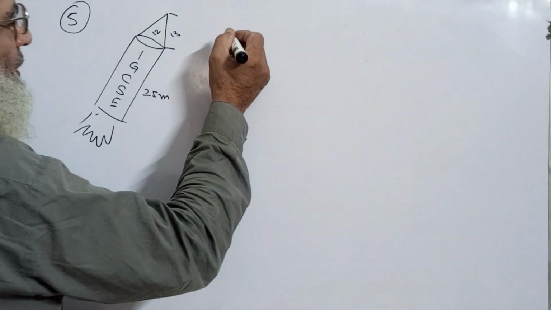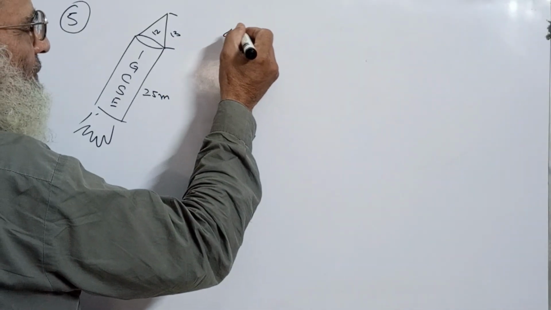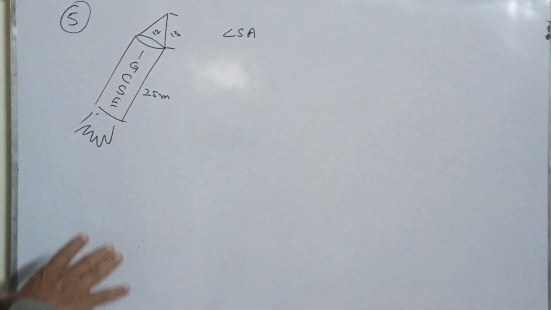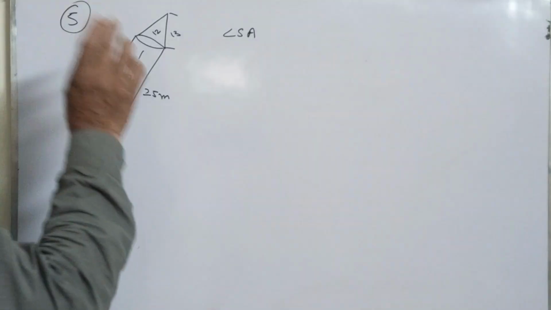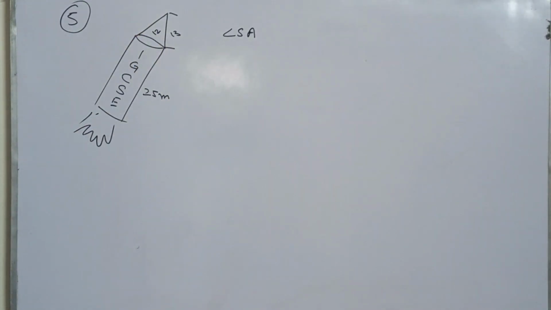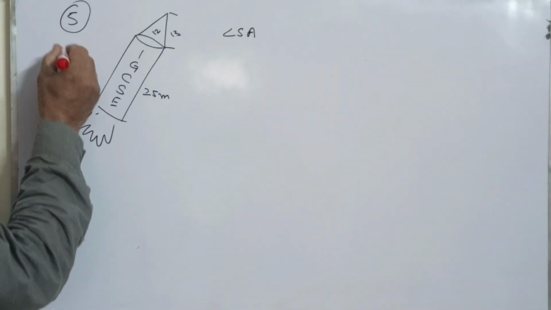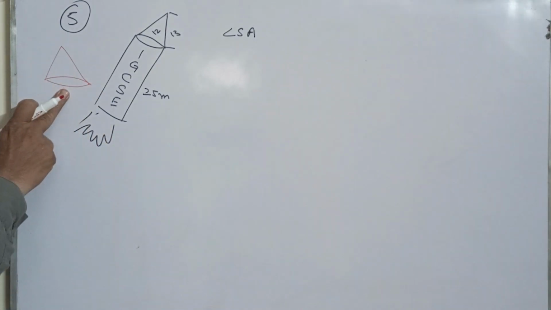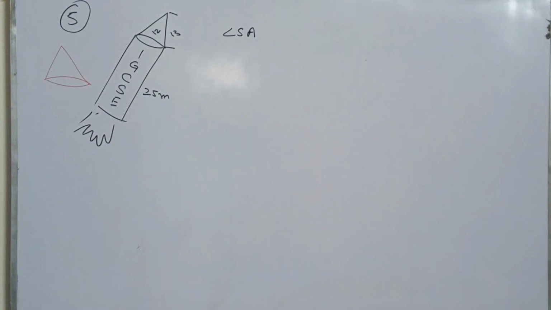We have to find the surface area of the rocket, the lateral surface area. What we do is decompose this rocket into two figures. The first figure is this cone and the second figure is this cylinder. Just assume the first figure, which is the cone, with a solid circular base.